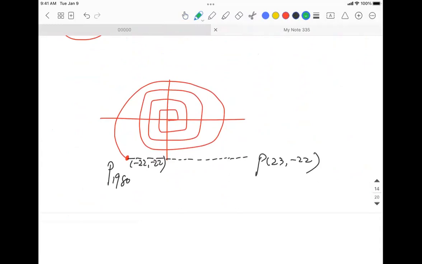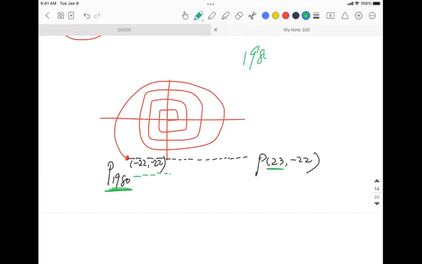So that being said, from these 1980 steps, you just keep walking to the right, all the way until you stop at (23, minus 22). Before you hit this point, you just keep walking to the right. There's nothing that changes your direction.